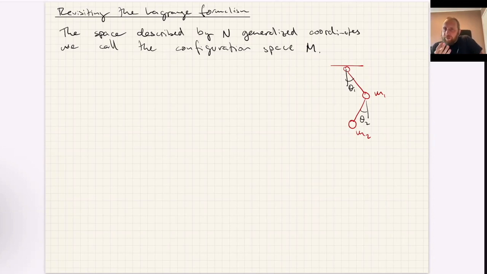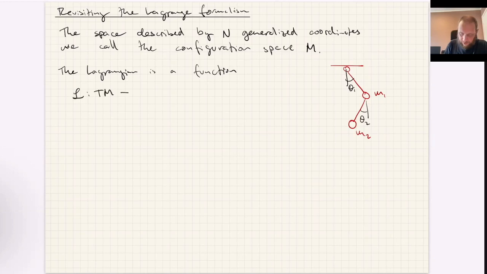Now, the Lagrangian is not only a function on configuration space, right? Because you have terms like the kinetic term. What it is a function of is this: the Lagrangian is a function L from TM to the real numbers, and I'm going to define what TM is briefly.